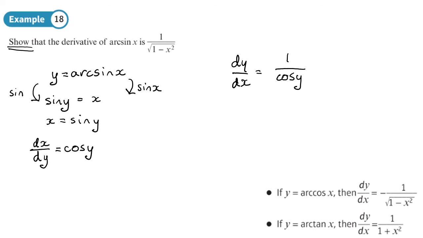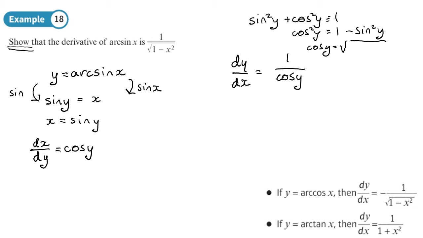Then the next bit is where we use the identity sine squared y plus cos squared y is 1. Now I can take sine squared away from both sides, so I've got cos squared y equals 1 minus sine squared y. And then if I do the square root of both sides, then I've got cos y equals the square root of 1 minus sine squared y.